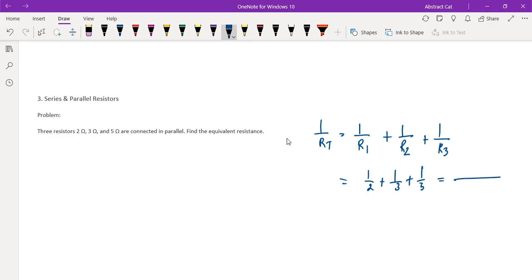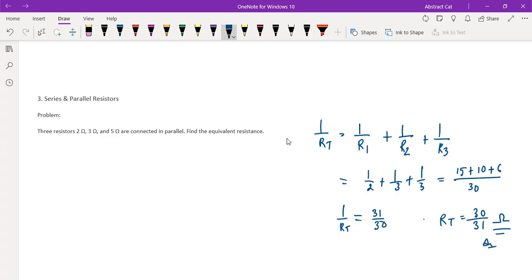The LCM of 2, 3, 5 is 30. So 15 plus 10 plus 6 is 31 by 30. So the total resistance is 30 by 31 ohms.